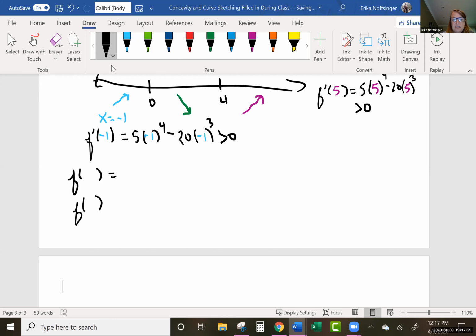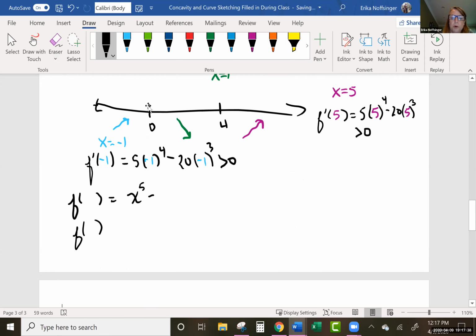So plugging that into the original, that was x to the 5th minus 5x to the 4th. So plugging in 0, well, that would just give me back 0.